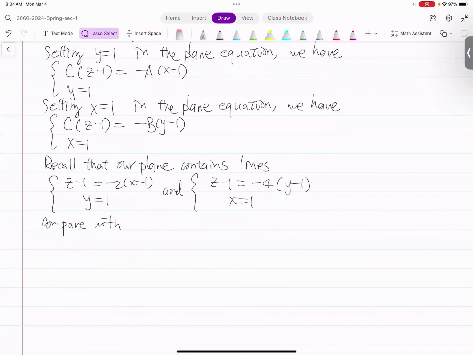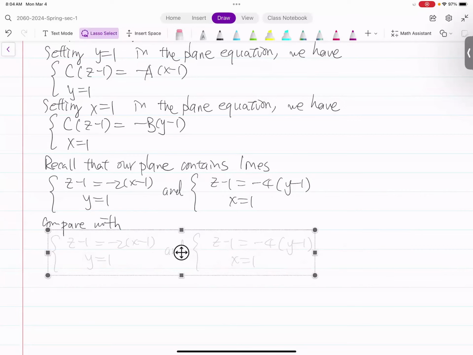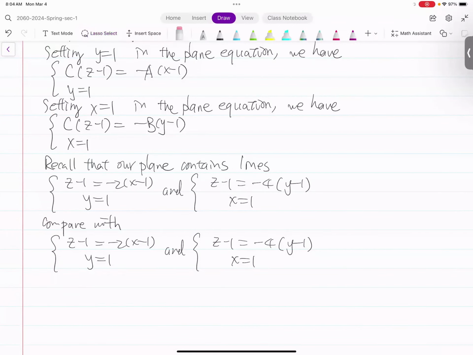So here, compare with the top two systems. And if you think about it, they're really similar. In the sense that, okay, the top system is y equals 1 in the second equation, and in the first we have c(z minus 1) equals negative a(x minus 1).